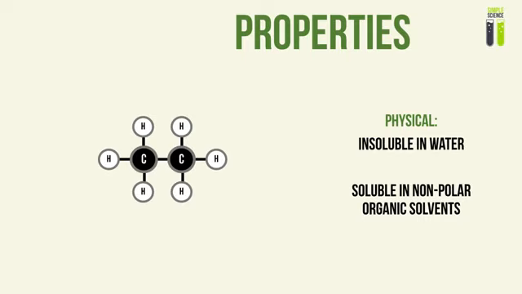The truth is, polar molecules only dissolve in polar molecules, and non-polar molecules will only dissolve in non-polar molecules. So alkanes are non-polar and water is polar, therefore those two will not dissolve within each other. However, alkanes, which are non-polar, can dissolve in non-polar organic solvents.